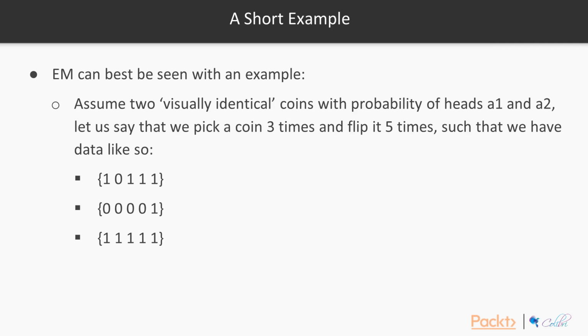And then for each one of those, we try and calculate the values which maximize the expectation. We then want to maximize that for all of the data, and that will then increment our values of A1 and A2 towards their true value. And that's effectively what EM does.